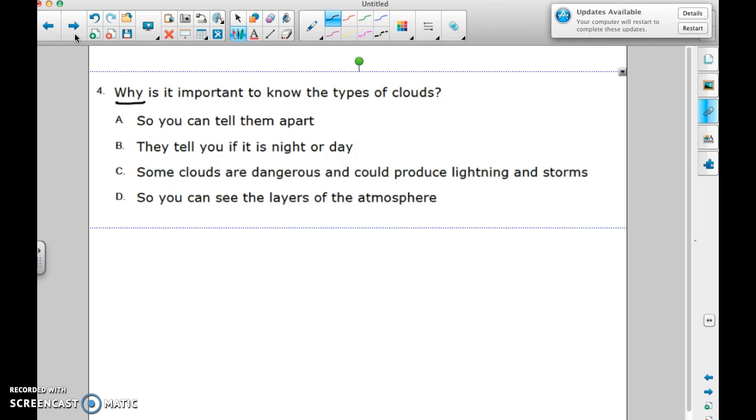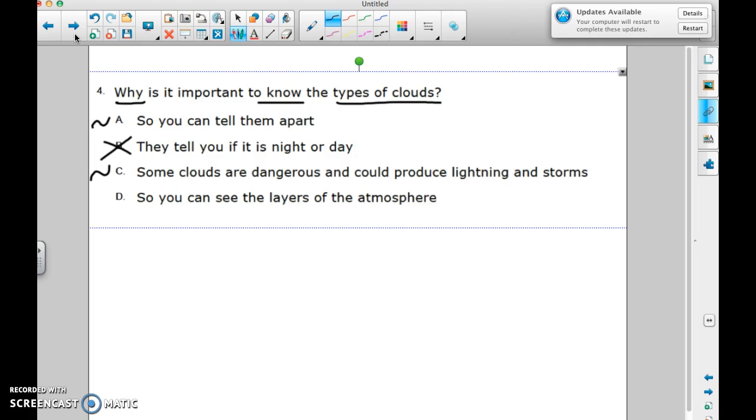Why should I know the types of clouds? A, so I can tell them apart. That's not a terrible answer, maybe on that one. They tell you if it's night or day. No, I've seen clouds at night and in the daytime. That's bad. Some clouds are dangerous and could produce lightning and storms. That's a pretty decent answer too. So you can see the layers of the atmosphere.